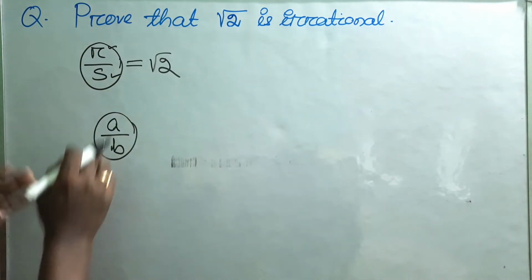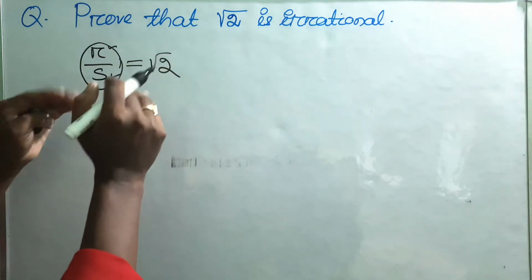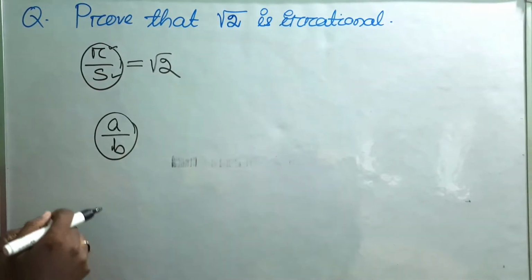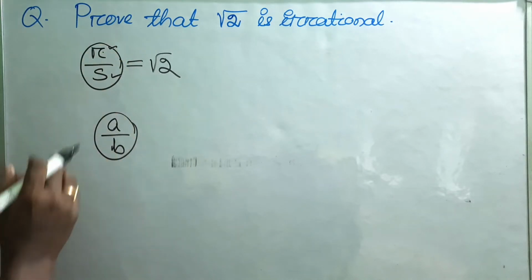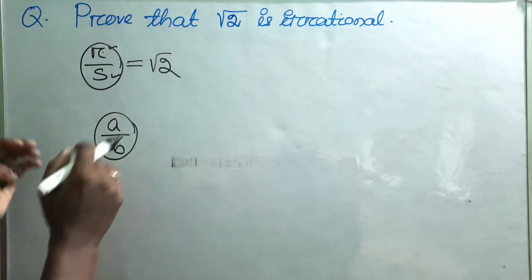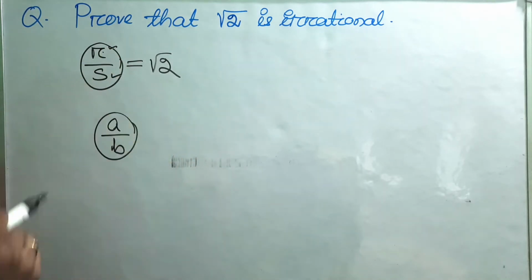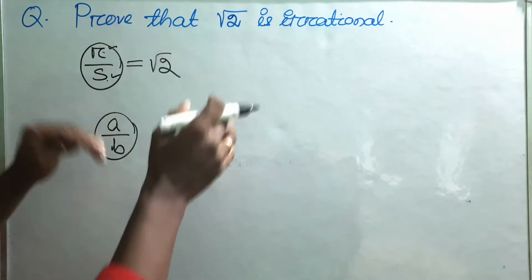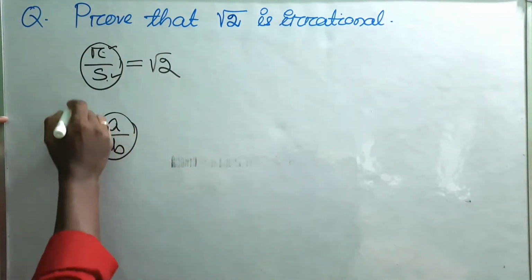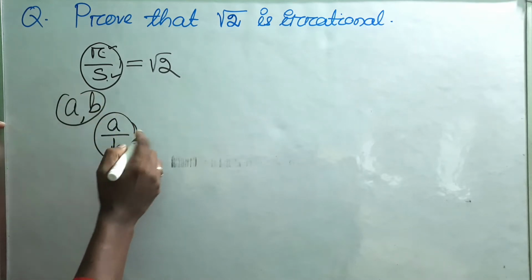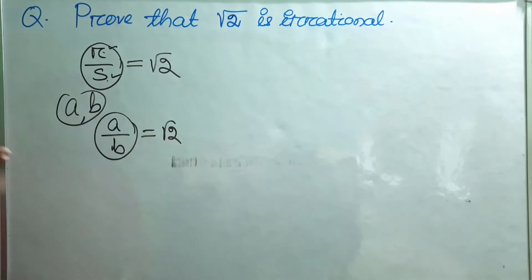So it supposes there exists some common factor other than 1 which divides R and S. Then it divides R and S by that common factor, and gets two integers A and B such that A by B is equal to root 2.